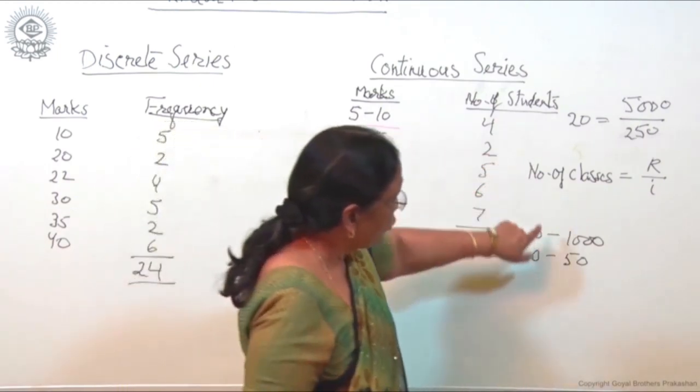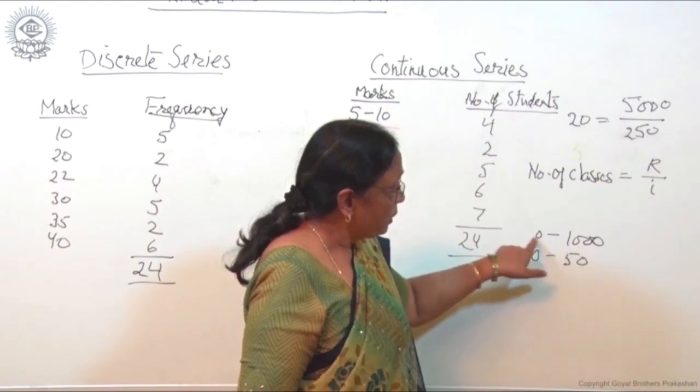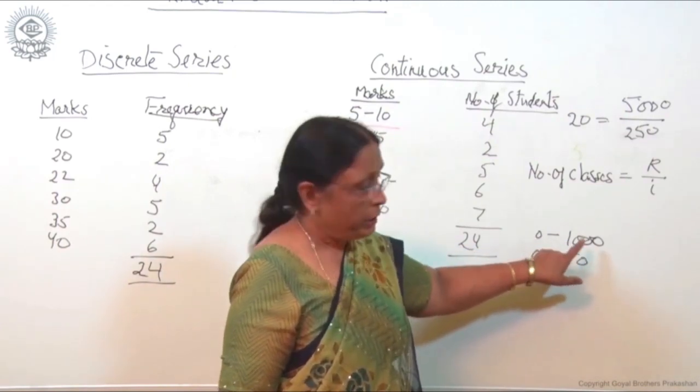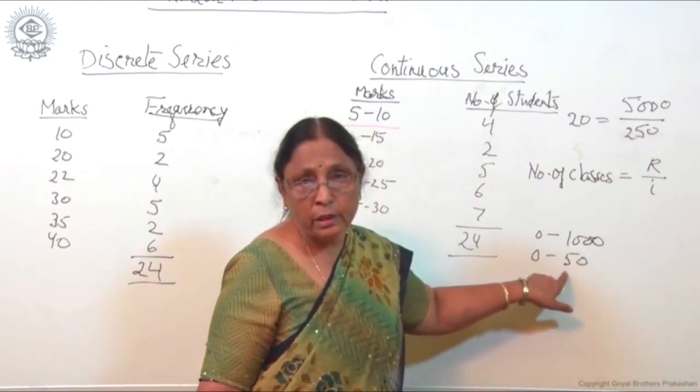In the other way, suppose you are taking this example, the class interval is 1000. In this, the class interval is 50.